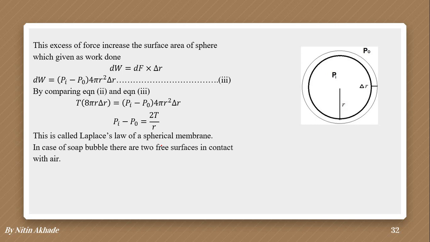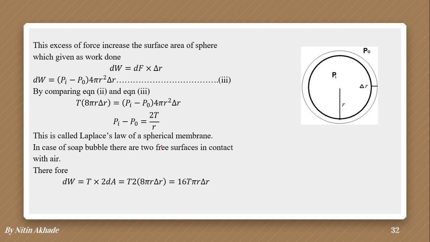Now in case of a soap bubble, there are two surfaces in contact with the air, so we consider two free surfaces of the liquid. Therefore equation number 1 becomes dW is equal to T multiplied by twice of dA. So the increase in surface area will be twice, because we have two free surfaces of liquid.